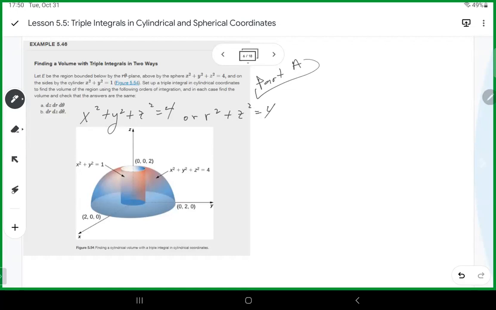And the equation for the cylinder is x squared plus y squared equals 1, or r squared equals 1. So then that would give us the following region.